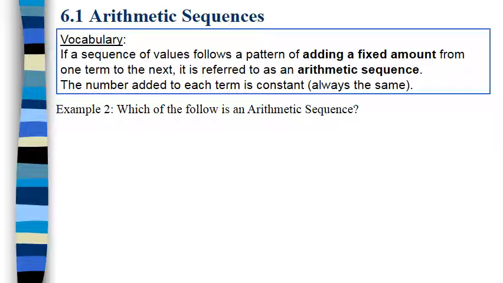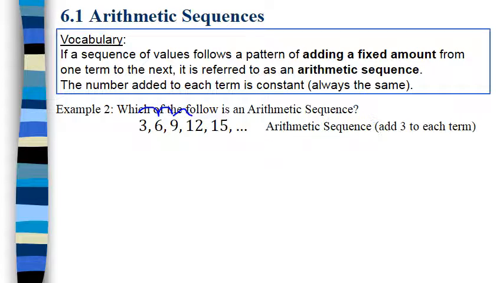So which of the following is an arithmetic sequence? If we look at this, we notice that we're going from 3 to 6 to 9 to 12 to 15. So the question is, is there a constant change from one term to the next? When we go from 3 to 6, we add 3. To go from 6 to 9, we add 3. 9 to 12, we're adding 3. So this is indeed an arithmetic sequence because we're adding 3 to each term.